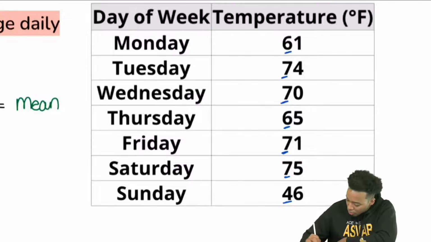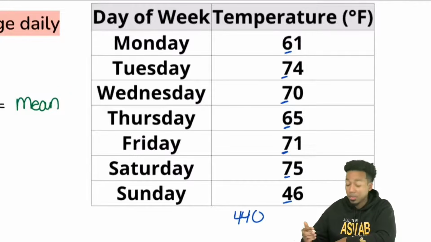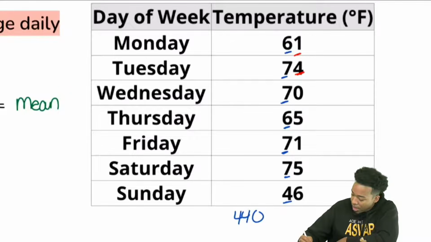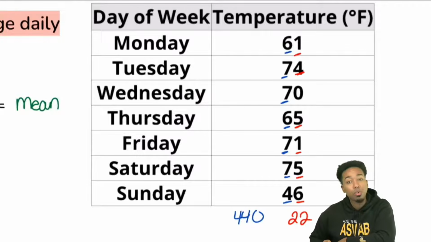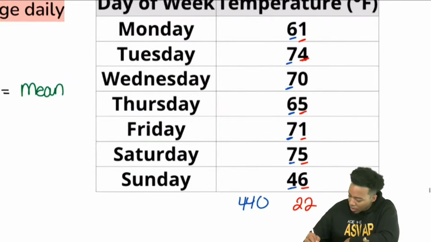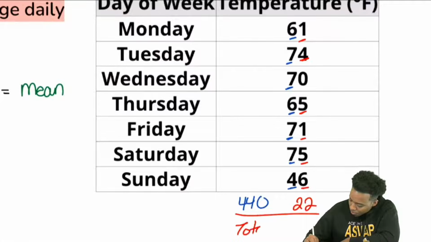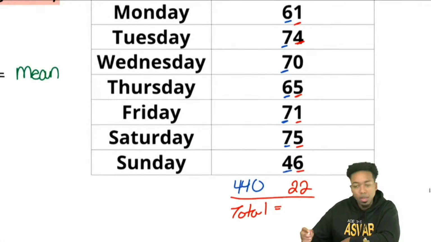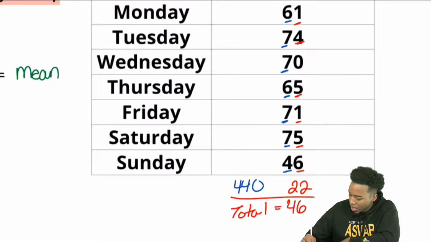So that would be 440 so far. And then I will grab the ones, and I would say 1, 4, that's 5, 10, 11, 16, 22. So that's 440 plus 22. Everyone, the grand total, what's that going to be? Yeah, the grand total is going to be 462.